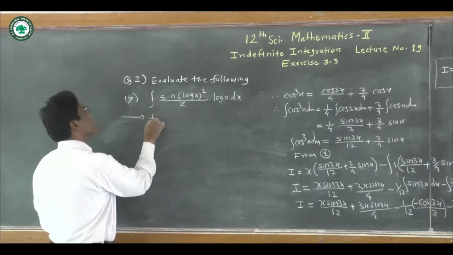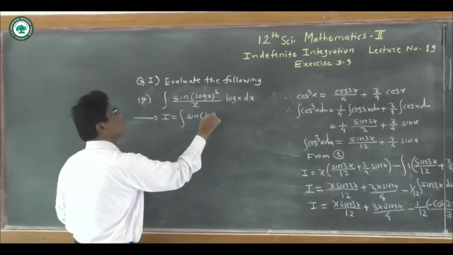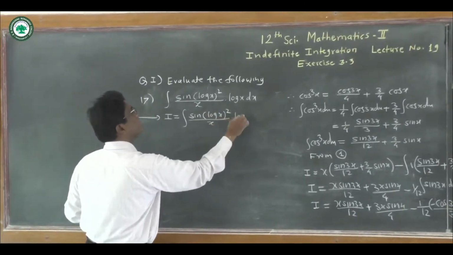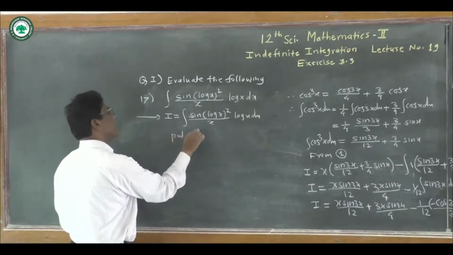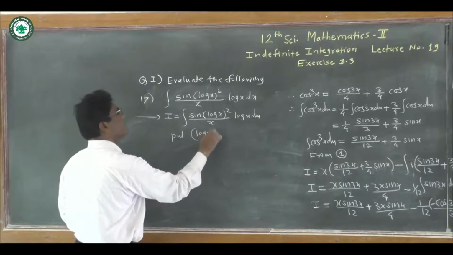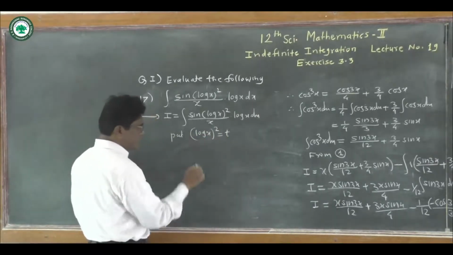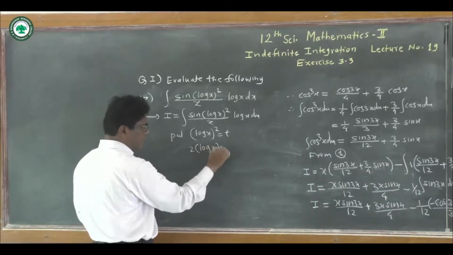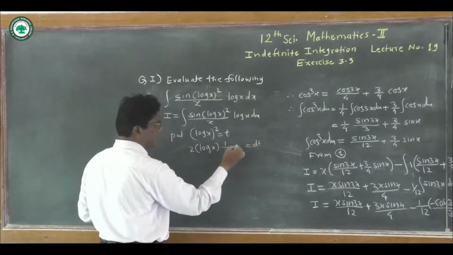So firstly call this I is equal to integration of sin of log x bracket square upon x into log x dx. So put log x bracket square is equal to t, and therefore differentiate with respect to x, it is 2 into log x, and again the derivative of log x is 1 upon x, equal to the right hand side dt upon dx.